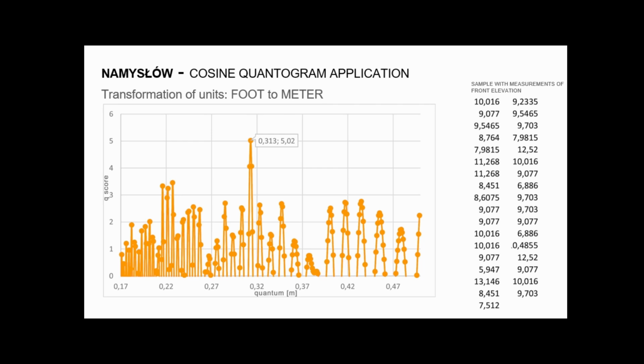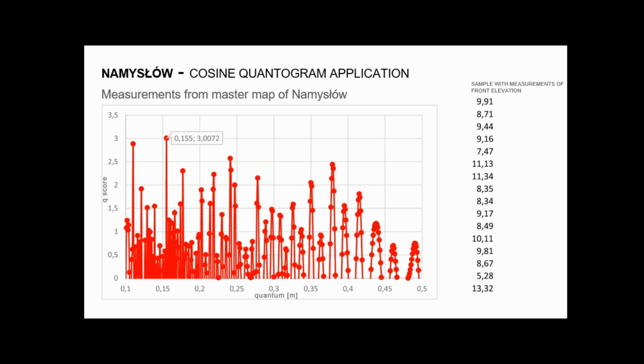And then we tried to check if this kind of data is suitable for that method. So we recalculated the foot to meters, and then the result was good. It means that so much rounding of data, collecting, and then changing to the foot standard just makes a huge error. So when we analyze our data from the master plan of Namysłów, we get good results.